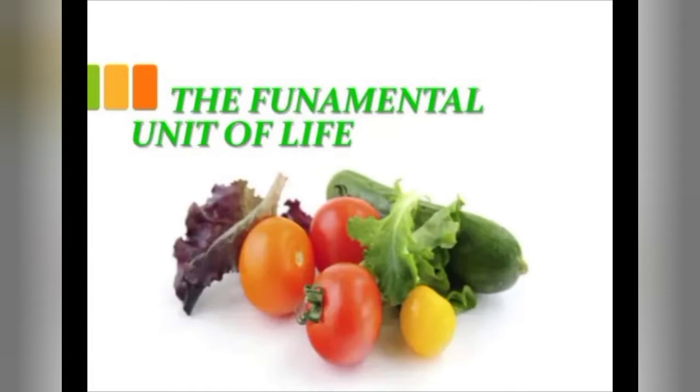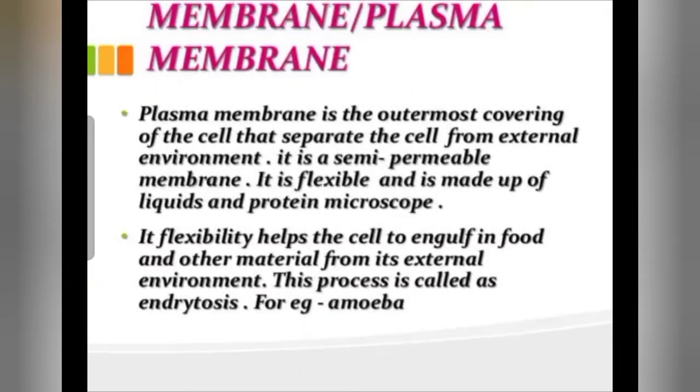We know that a cell is organized by three main components: the plasma membrane or cell membrane, the nucleus and the cytoplasm. So today we are going to discuss the plasma membrane or cell membrane.